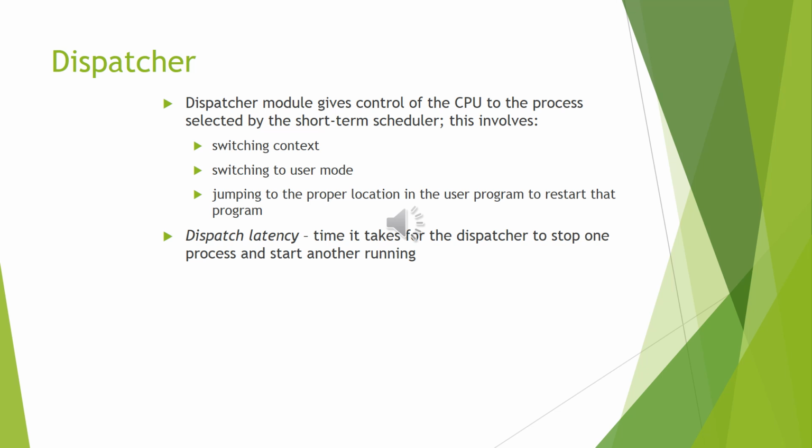This involves switching context, that is switching from one state to another state. We also have switching to user mode, jumping to the proper location in the user program, and restarting the program. We also have dispatch latency. This is the time taken for the dispatcher to stop one process and start another process.